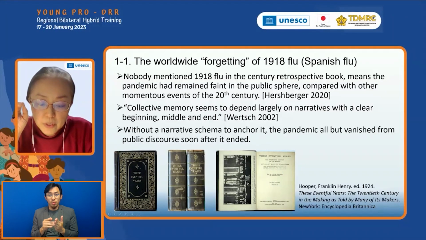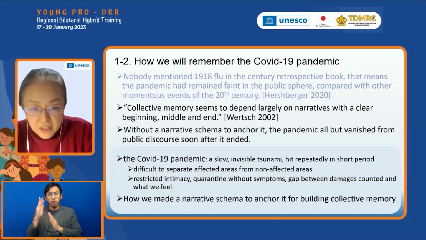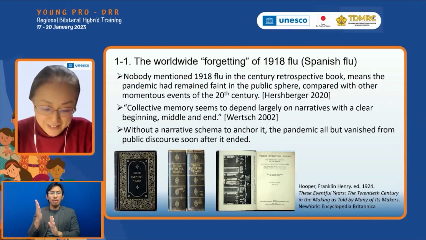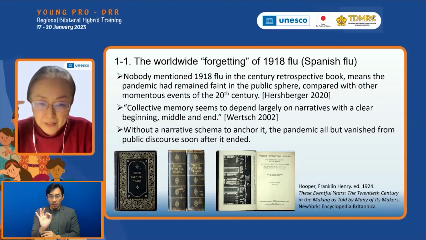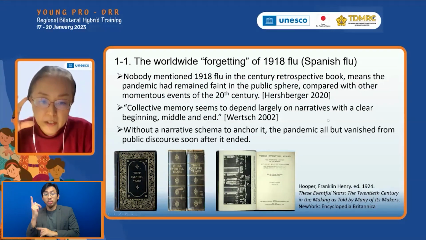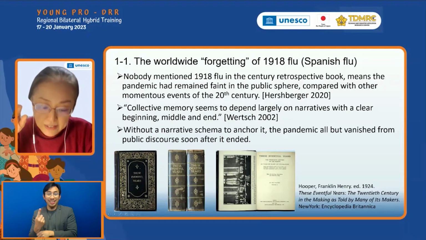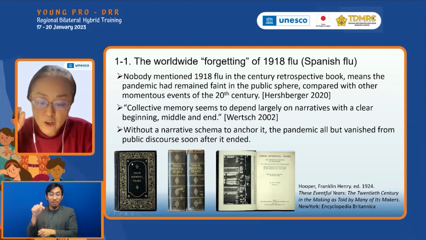In this book, more than 80 authors, professors and politicians, soldiers and scientists, contributed chapters to the book entitled These Eventful Years, the 20th Century in the Making, as told by many of its makers.